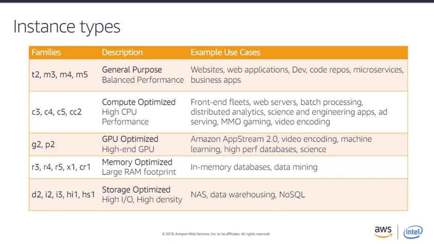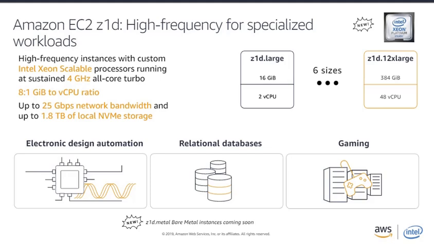AWS and Intel have worked together to create instances with optimized CPUs per vCPU so that you get the maximum performance for each core that you need to license.